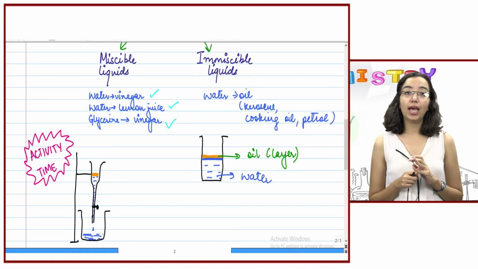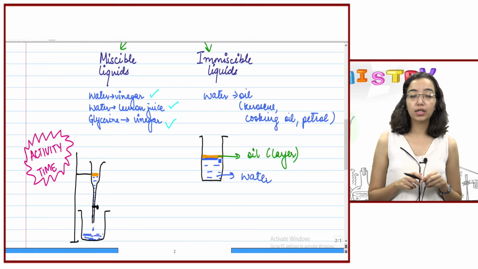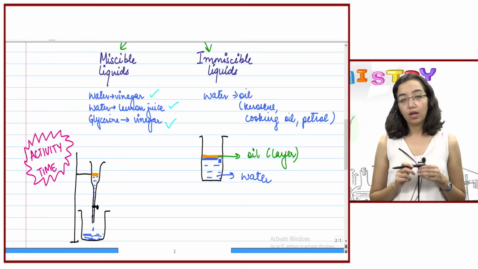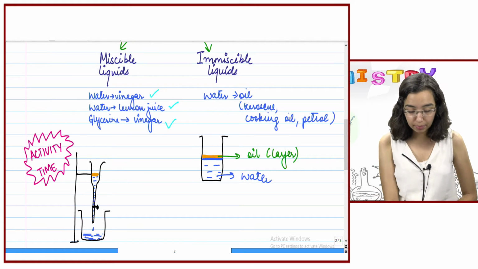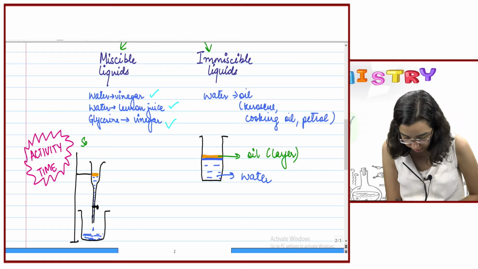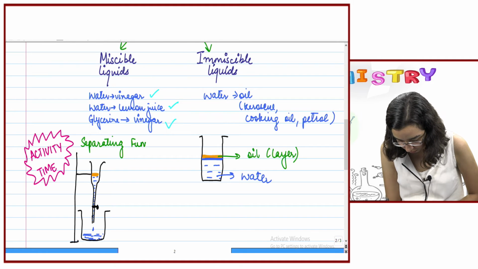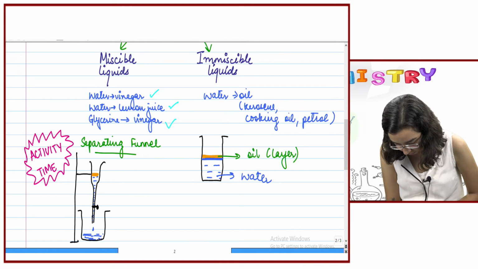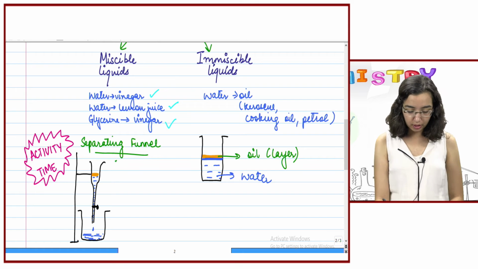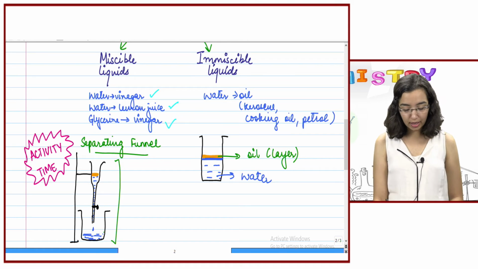Now we have an interesting activity to understand miscible and immiscible liquids better. This activity uses an equipment called a separating funnel. This equipment drawn here is called a separating funnel, and this is a beaker.